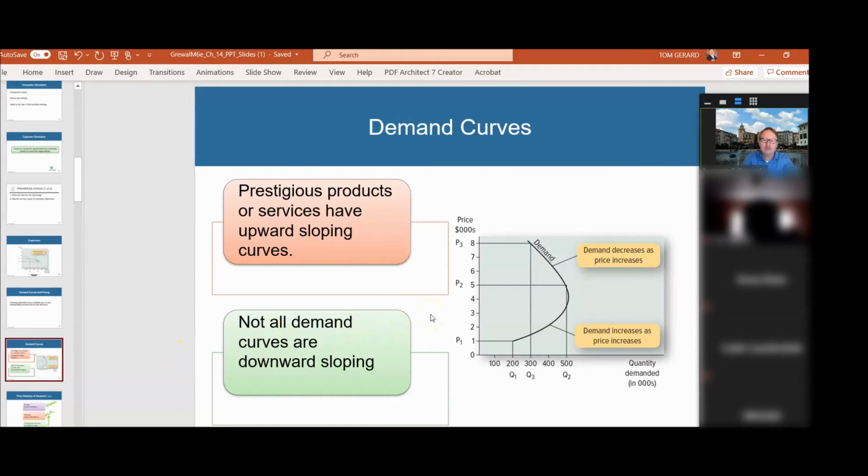People don't mind paying extra money when the new video game comes out. But later on, that same video game, six months or a year or two years down the road, is a lot cheaper. But they want to be the first one to have it, so they're willing to pay the extra money. So demand curves, you'll spend a lot of time in economics on that.